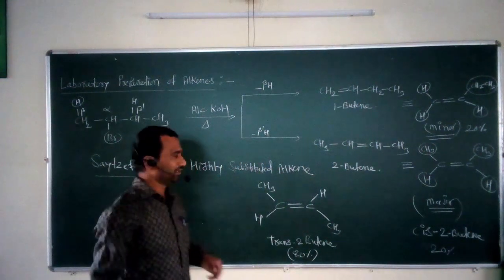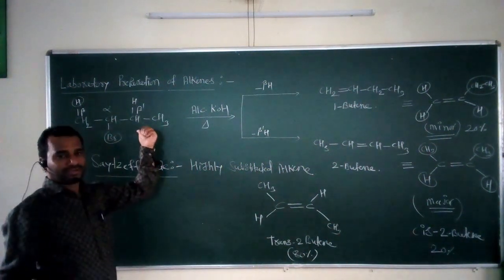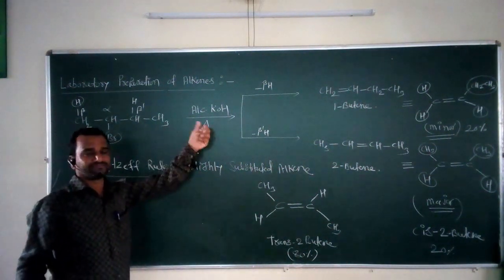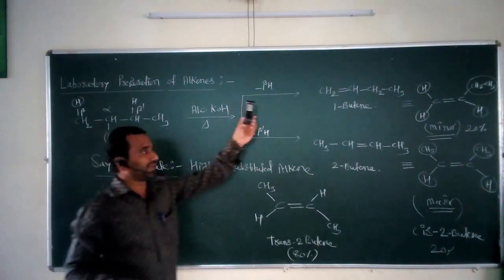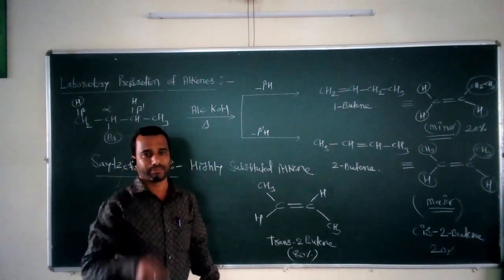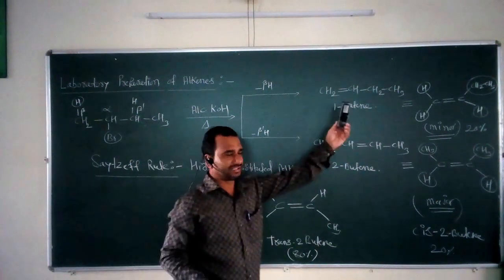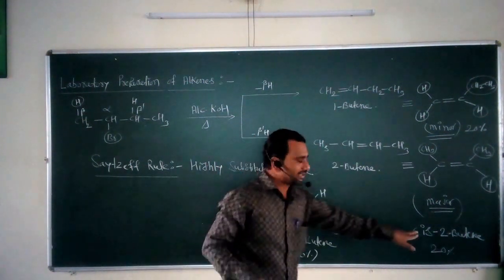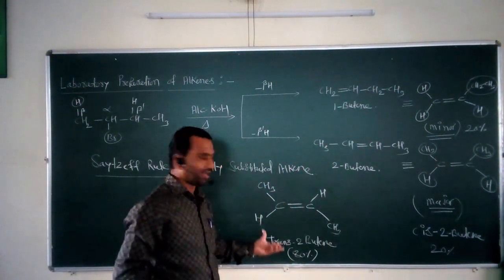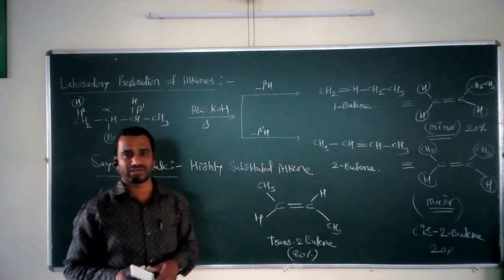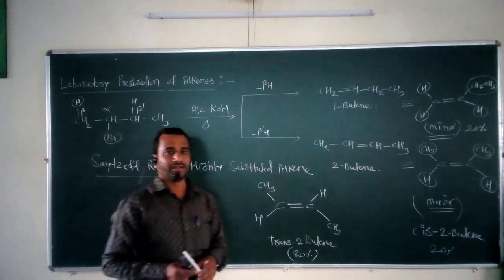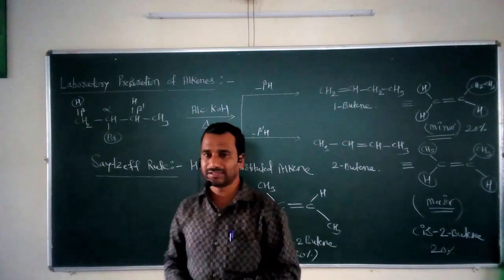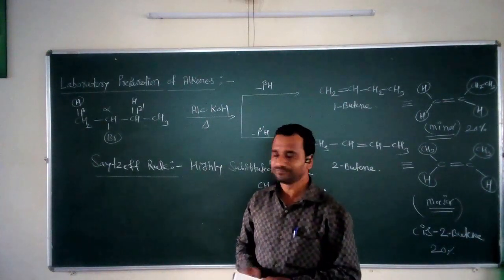So we can say that whenever 2-bromobutane reacts with alcoholic KOH, due to the presence of two different types of beta hydrogens, three different products can form. One is 1-butene, second is cis 2-butene and third is trans 2-butene. So a mixture of products is obtained, and this is an important method of preparation for these alkenes in the laboratory.